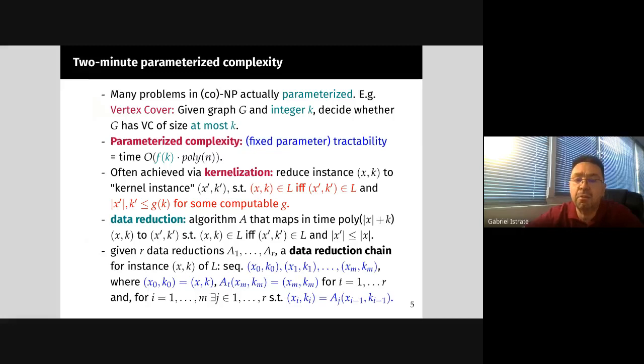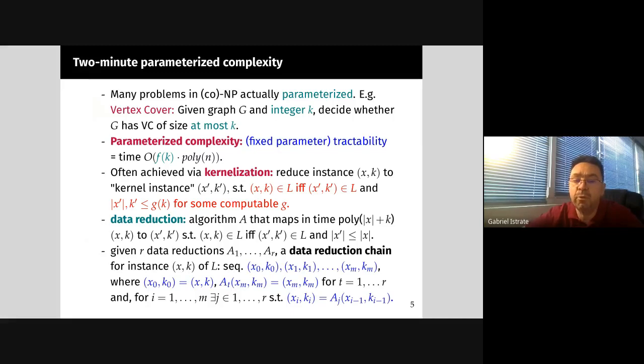It has an upper bound depending on the parameter value only, and not on the instance size. So in other words, you can solve all the problems for fixed k by brute forcing a finite number of kernel instances. And kernelization itself is often achieved by what's known as a data reduction algorithm. And the data reduction is basically an algorithm that maps an instance (x, k) to a smaller instance (x', k') in such a way that it preserves the answer and the instance is smaller.